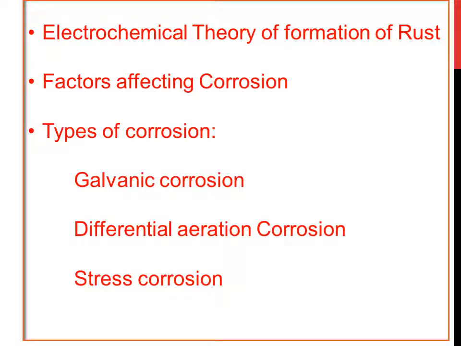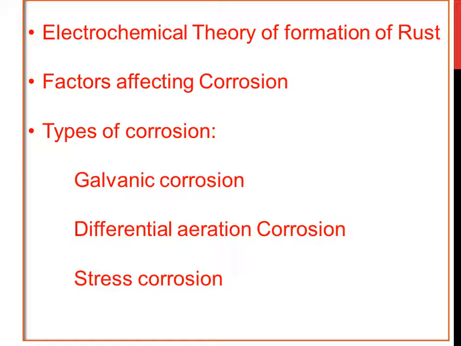As a part of the summary, I would like to conclude the various topics that we have discussed in this video lecture. Initially we discussed in detail the electrochemical theory of formation of rust, where the mechanism was explained step by step. It mainly involves the reaction at the anodic area and the reaction at the cathodic area, where oxidation takes place near the anodic area and results in the liberation of electrons.